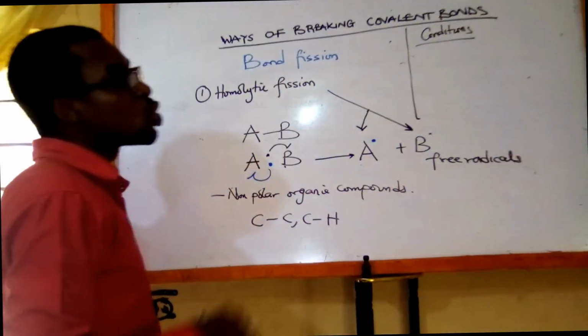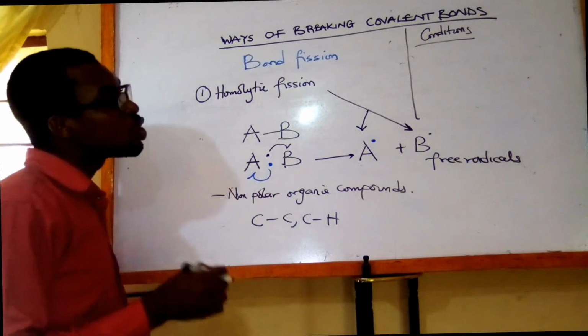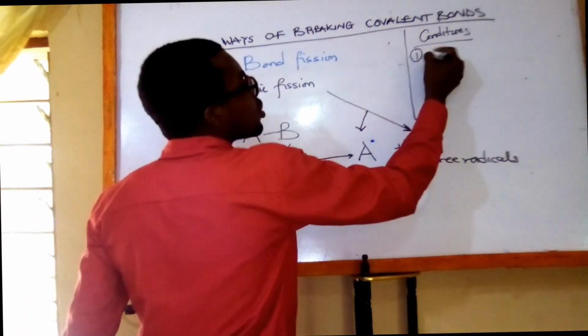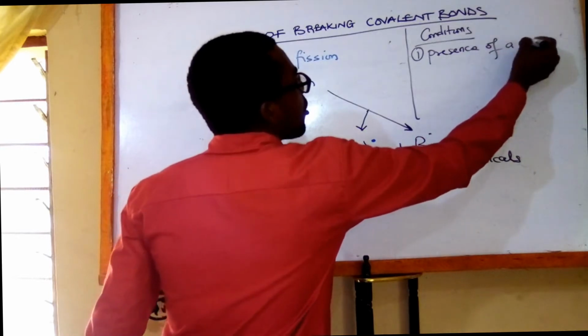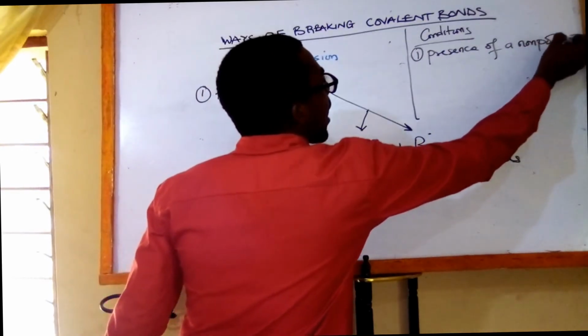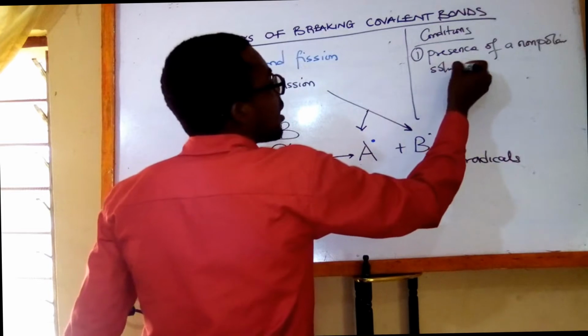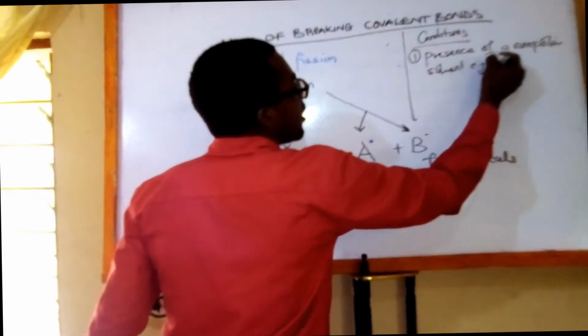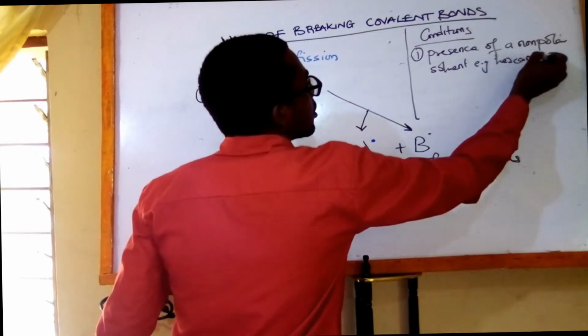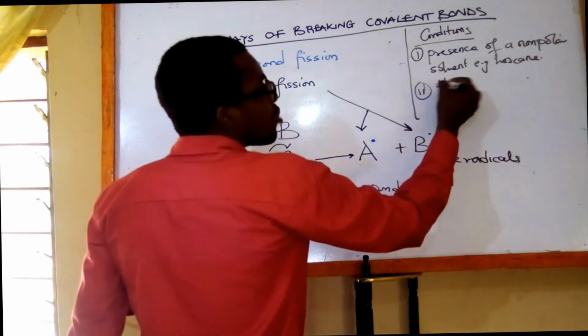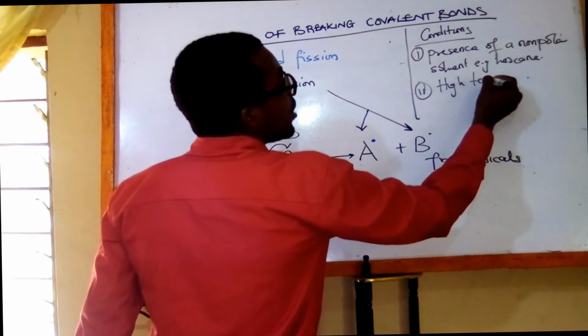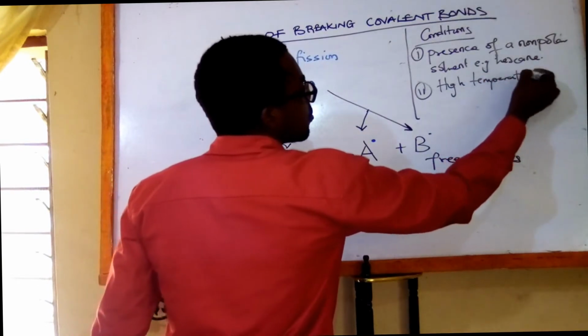The favorable condition number 1 is the presence of a non-polar solvent. An example of that is hexane. Another important thing is high temperature. High temperature can really drive this reaction.